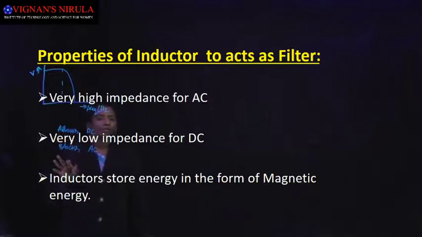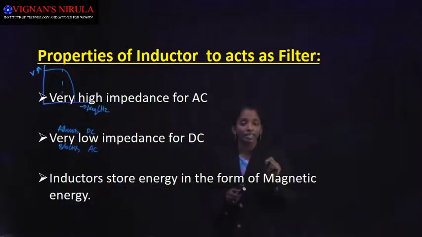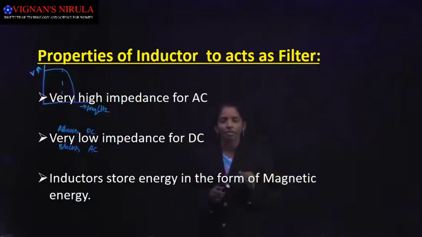and allows only the low frequency component, that is DC. While connecting the inductor, we should connect it in series with the load resistor. If you see the capacitor filter, we connect the capacitor in shunt with the load resistor. But here we should connect the inductor in series with the load resistor, or in series with the output of the rectifier circuit.